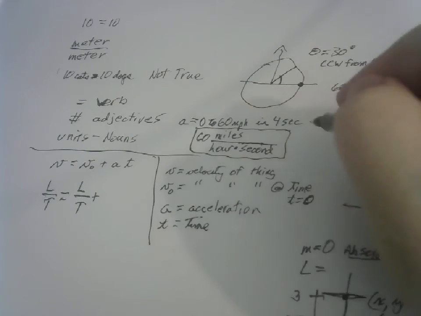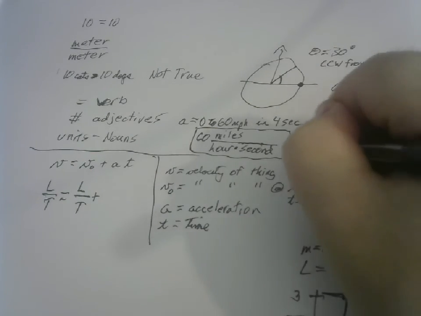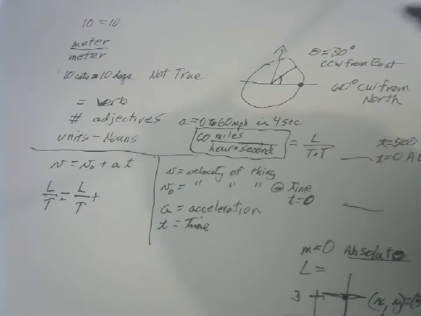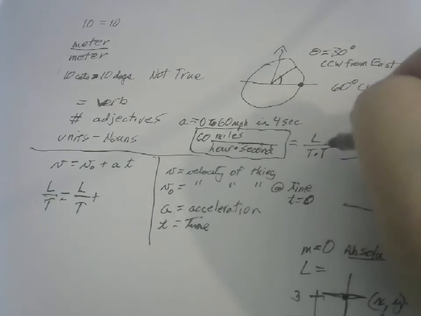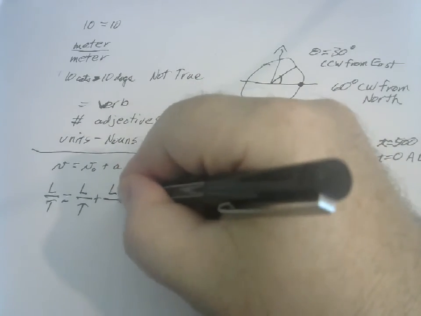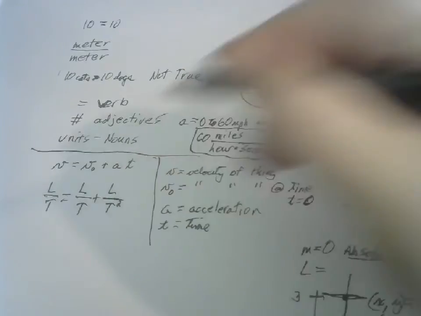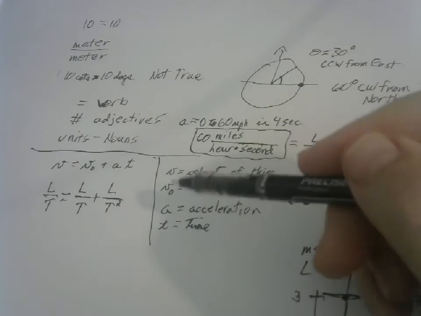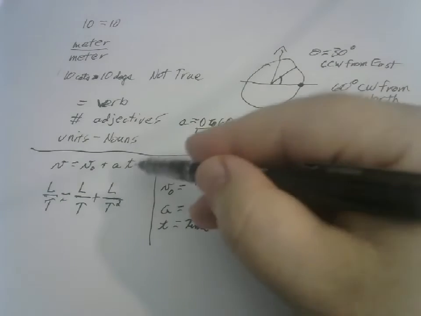So the units are length divided by time times time. So acceleration, or length over time squared. So I will write length over time squared right there. And then we'll have length over time squared times the time.